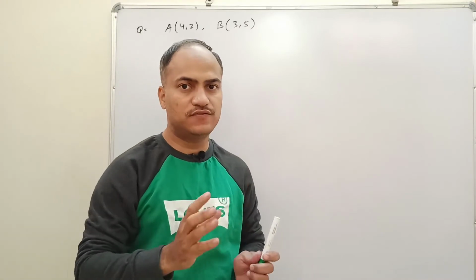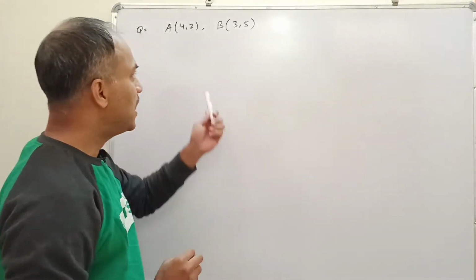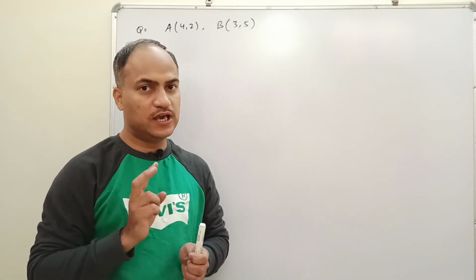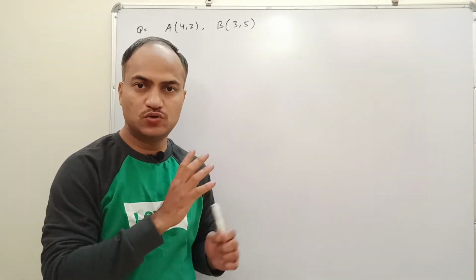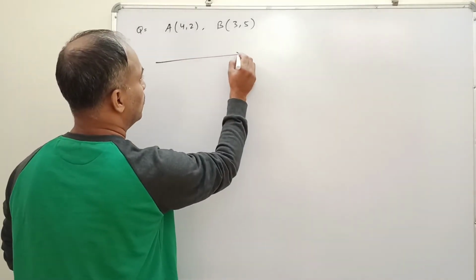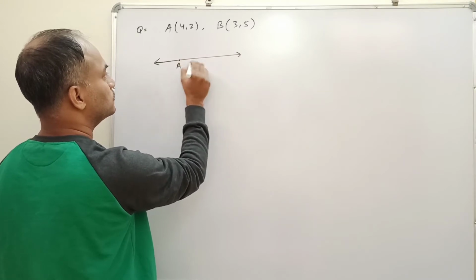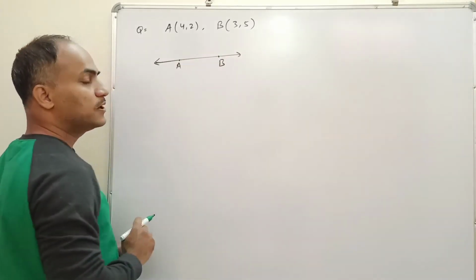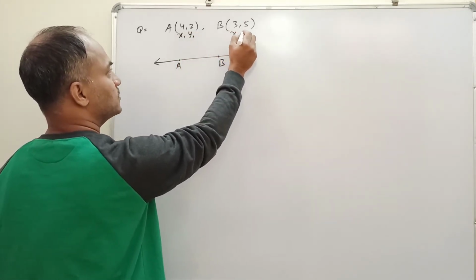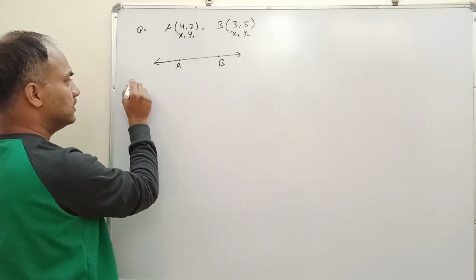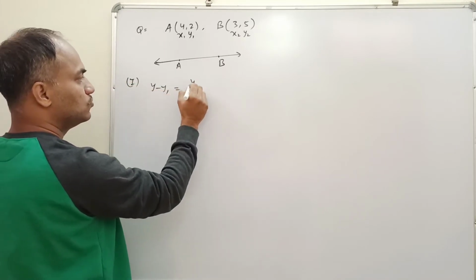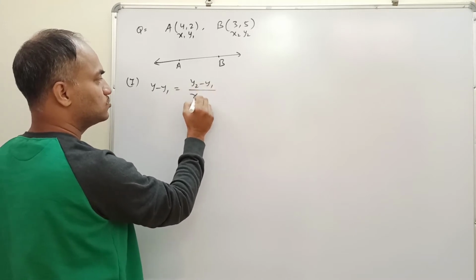So here we have these 2 points, (4,2) and (3,5). Now let us see the equation of AB from the two formulae which we obtained. First point we take as (x1, y1), second as (x2, y2). In the first method we use the formula y minus y1 is equal to (y2 minus y1) upon (x2 minus x1) into (x minus x1).